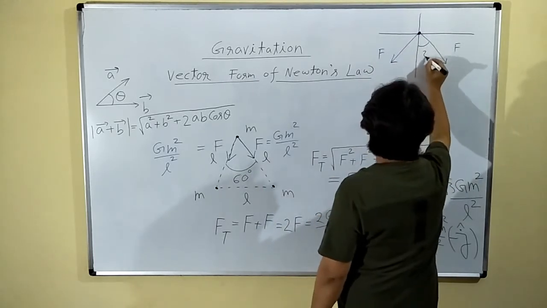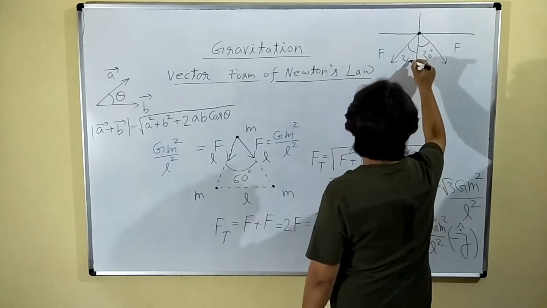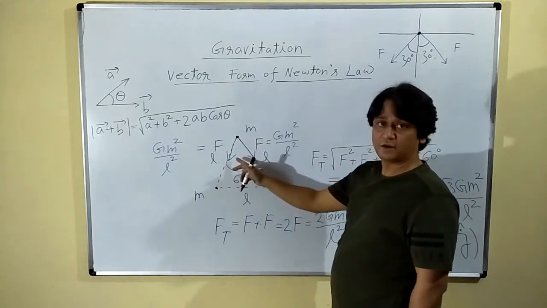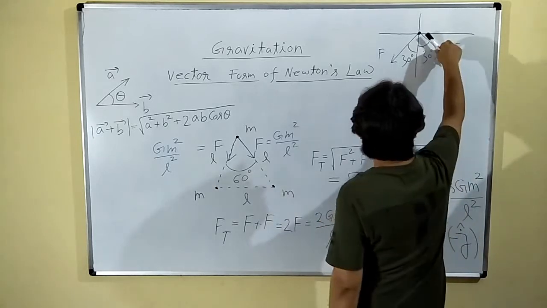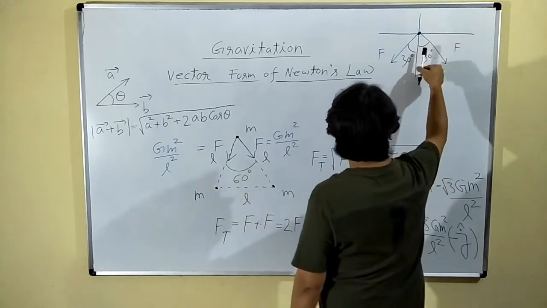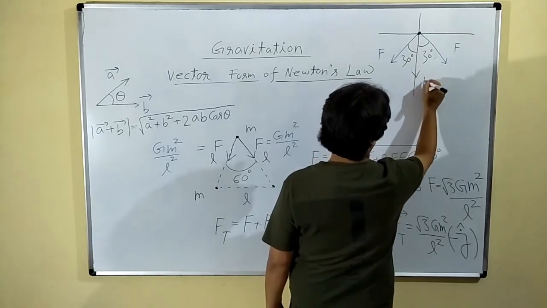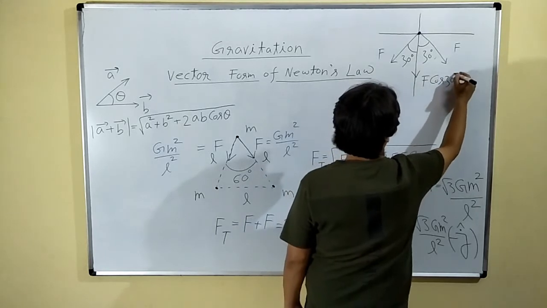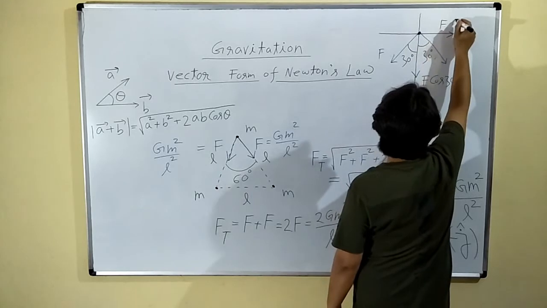This angle is 30. This angle is also 30. Total is 60, half 30, 30. And how do we take components? F. जिस तरफ एंगल होता है, उस तरफ का कंपोनेंट बनता है cos. The other component is what? Sin.